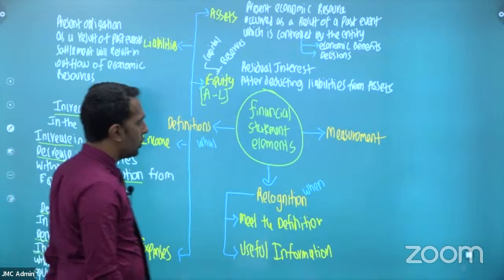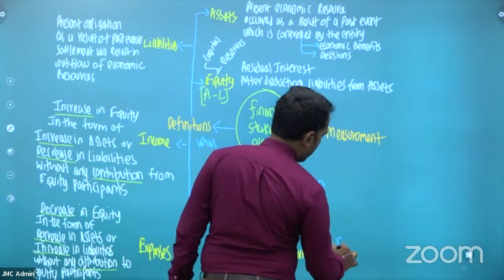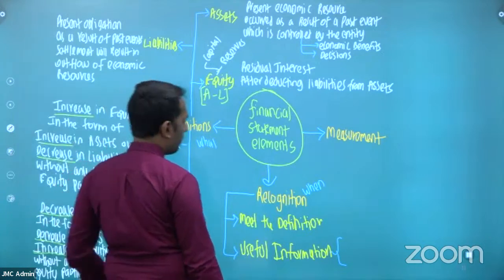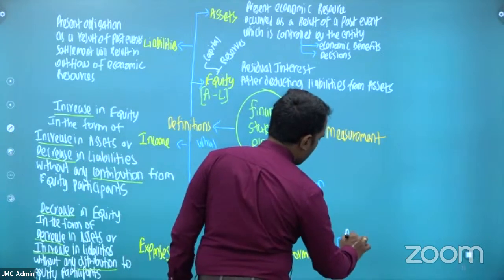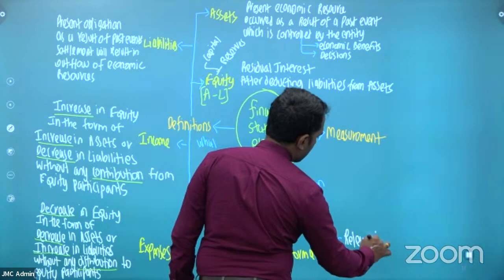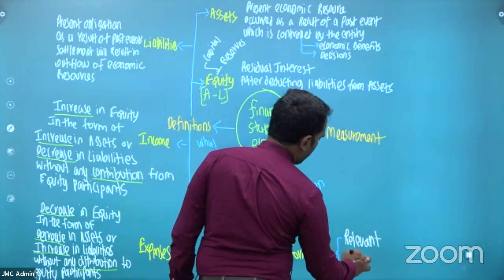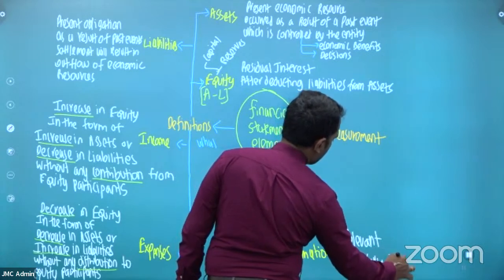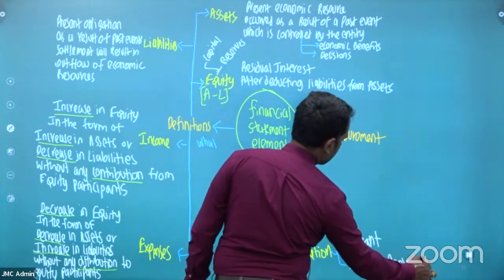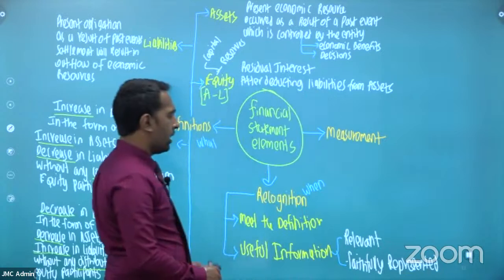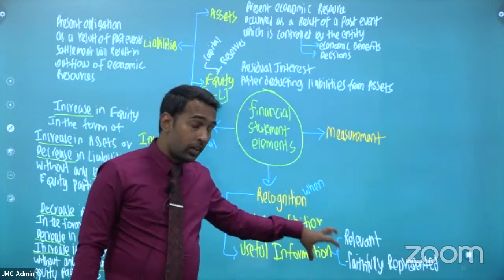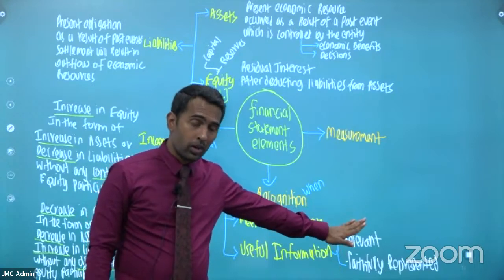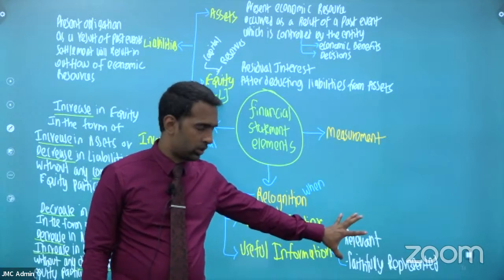How to be useful? Useful means two things that we already know. In order to be useful information, it shall be relevant and it shall be faithfully represented. These are the fundamental qualitative characteristics. Relevance means important, faithfully represented means truth.